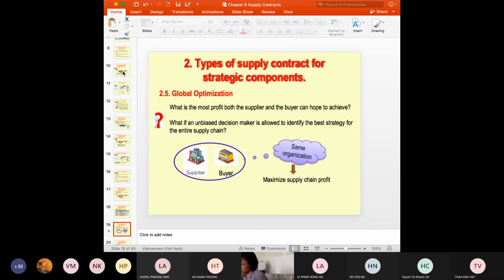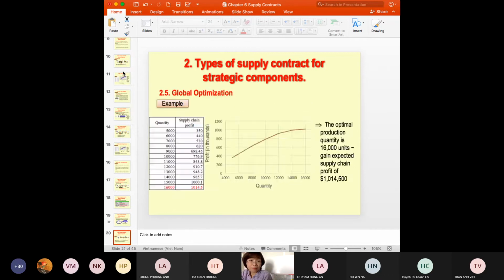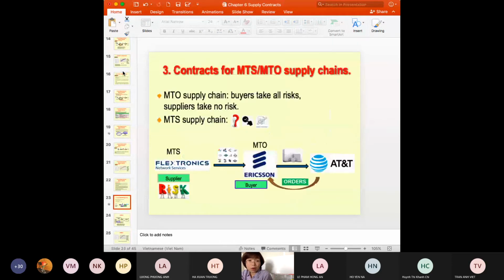Right now we move to the contracts for make-to-stock and make-to-order supply chains. In a make-to-order supply chain, the buyer takes all the risk and the supplier has knowledge of the orders. But what about a make-to-stock supply chain?